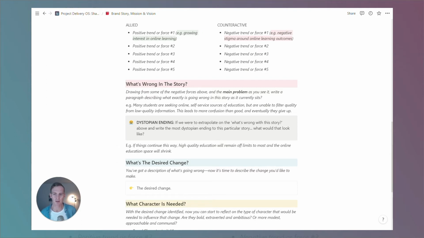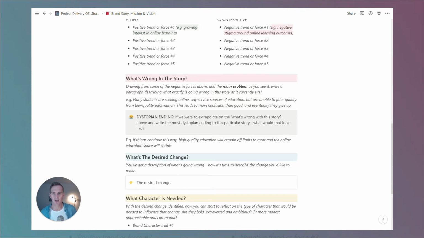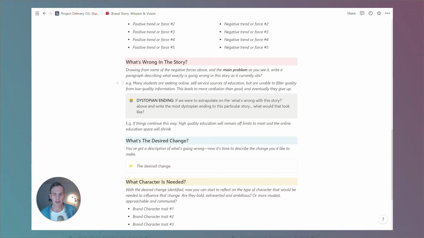Again, if we're focusing on this online education example, maybe the problem is that people are already going out and they're willing to teach themselves, to self-educate online, but the precise problem that we're addressing is that they're not quite able to filter quality from low quality information, or maybe it's just the online education world is too confusing and so it's doing more harm than good. Something like this. Maybe that's what we feel is going wrong with the story.